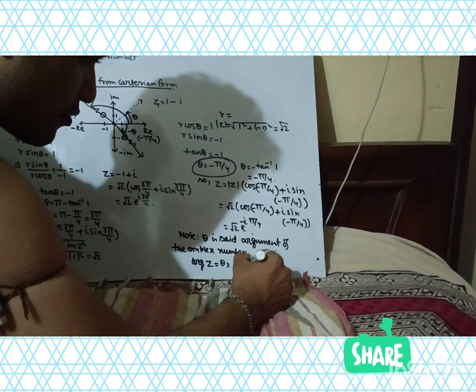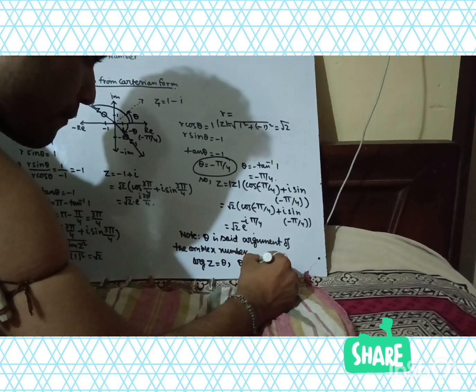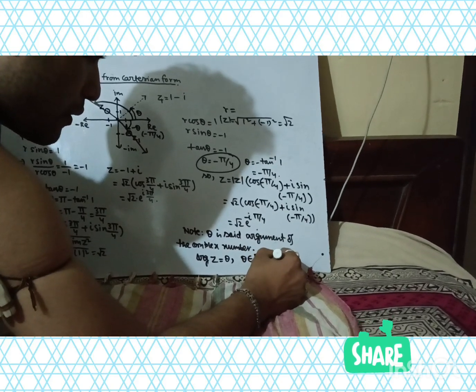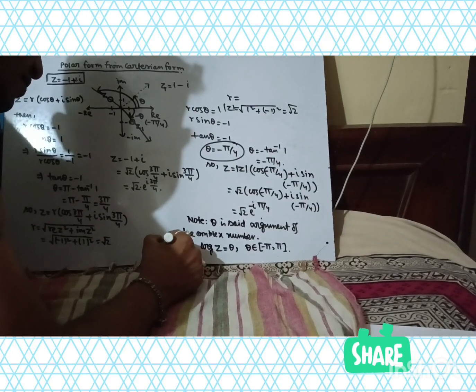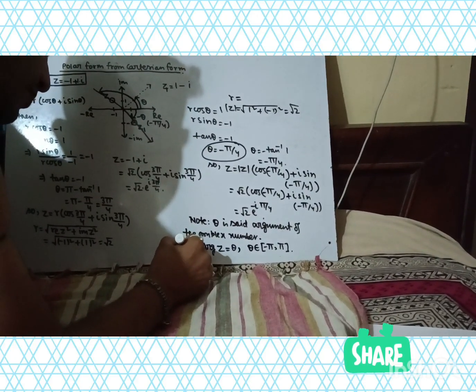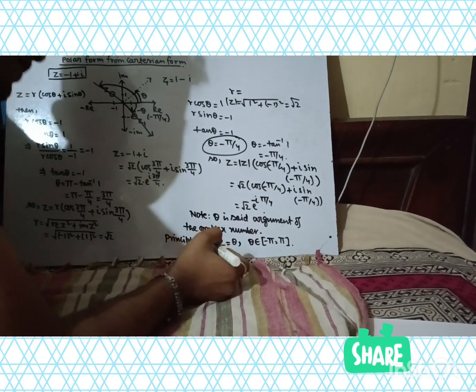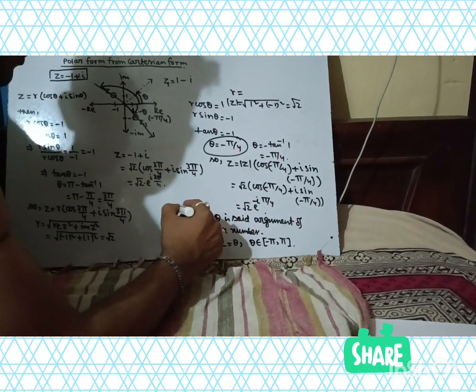If theta belongs to minus pi to pi, then it is called the principal argument. It is called the principal argument. Principal argument. Very important note.